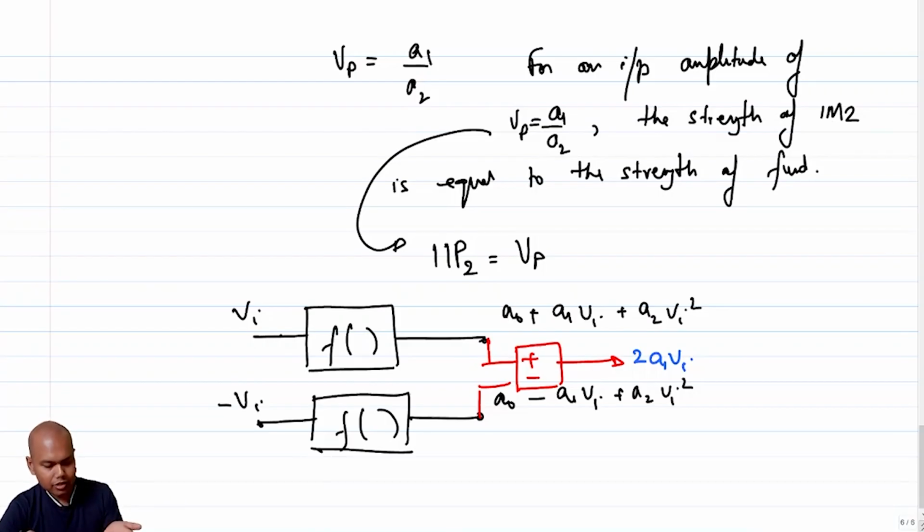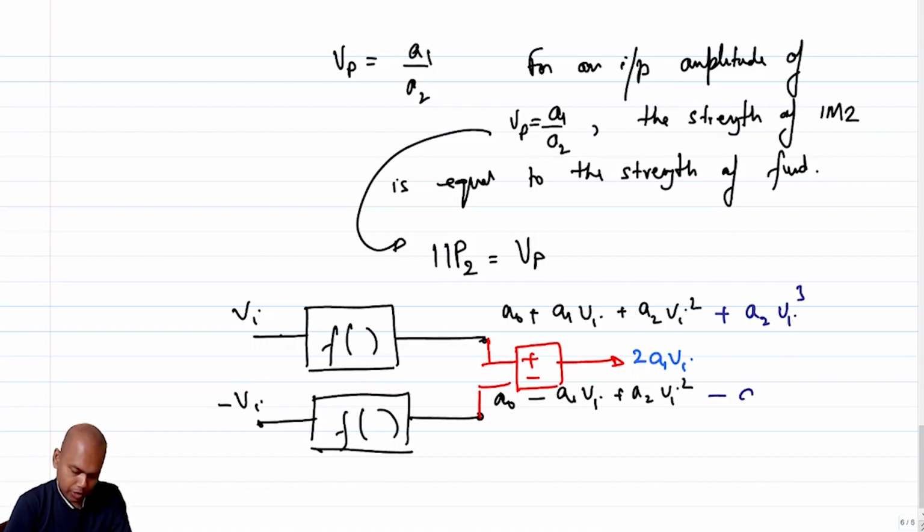And as it turns out, you can easily extend it to any type of polynomial, and you can see that if you do this, all the even order terms will get cancelled, and you will be left with only odd order terms, right? You will be left with A1. If I say that it has A3 also, which I have not really talked about, it's not very difficult to extrapolate.